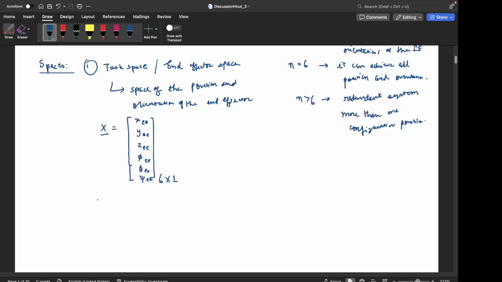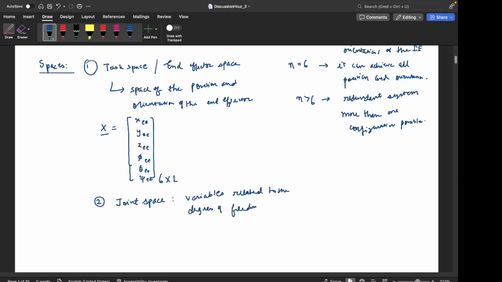And on the other hand, we have the joint space. The joint space consists of variables related to the degrees of freedom and their values.